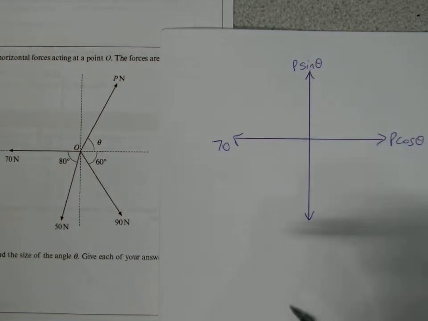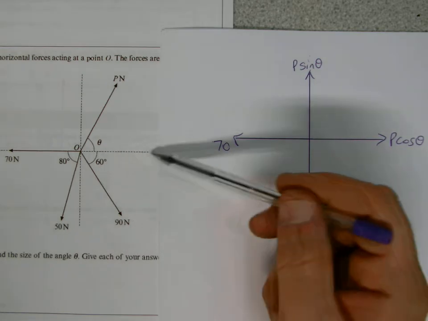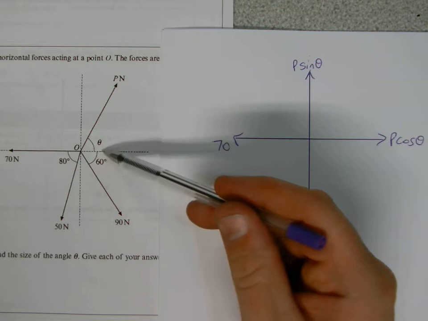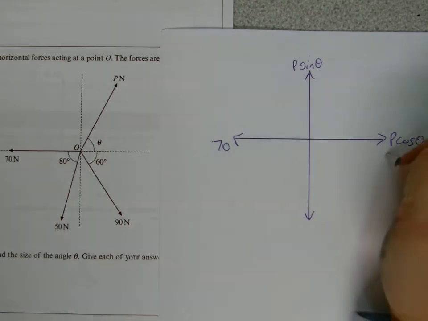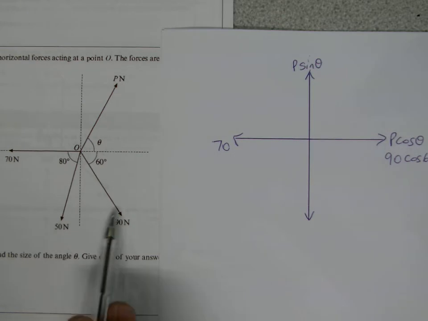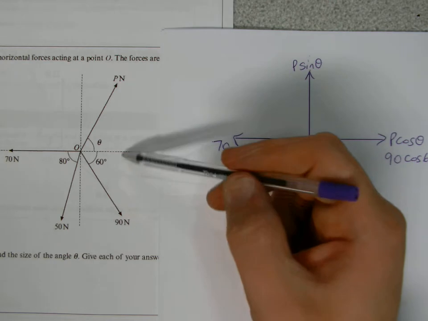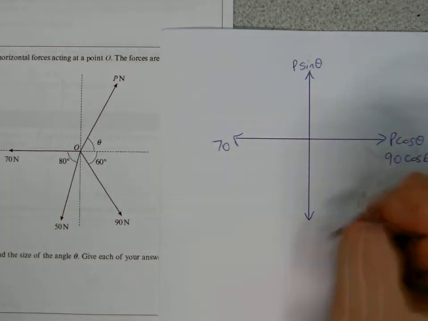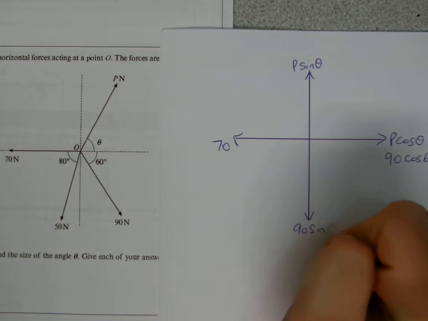You've then got your 90 newtons here, so along the x direction component with the angle 60 degrees, that'll be the cos, 90 cos 60. And to get the y direction component, it would be the opposite to that angle, so 90 sine 60.